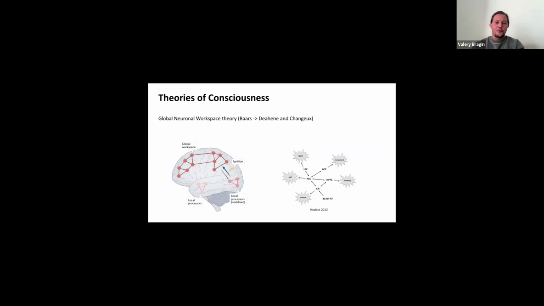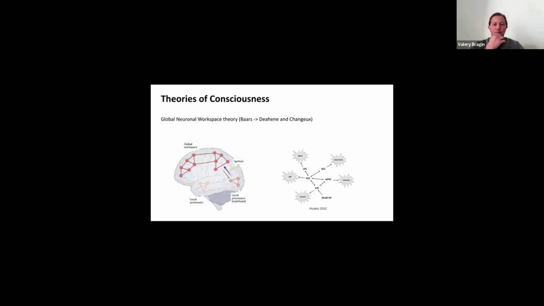Many specialized processes work in the background in parallel, like something going on behind the scenes, but only a small amount of information or activity gets broadcast to a wider audience, like the stage in a theater, and it becomes globally available and thus consciously perceivable. And later, neuroscientists Stanislas Dehaene and Jean-Pierre Changeux extended it and added a neuronal implementation to this idea. That's how it turned from global workspace theory to global neuronal workspace theory.